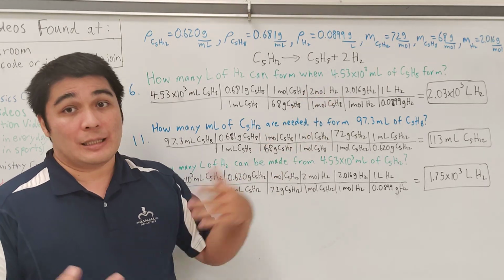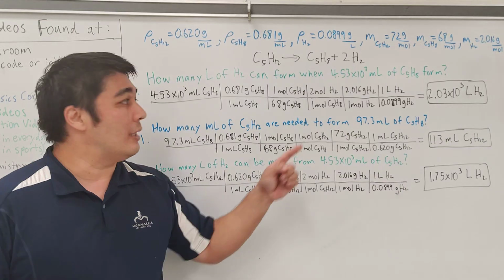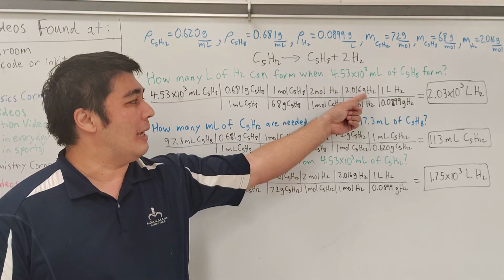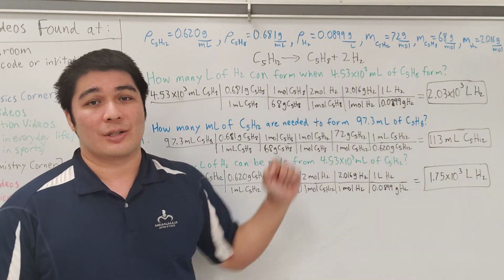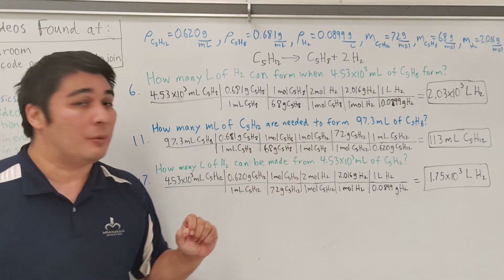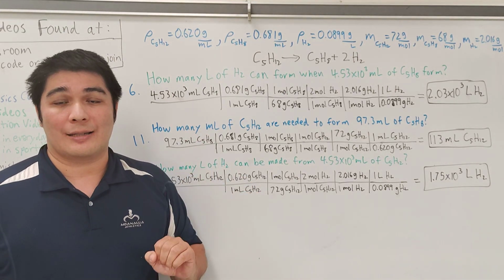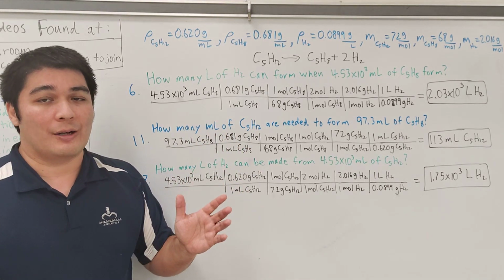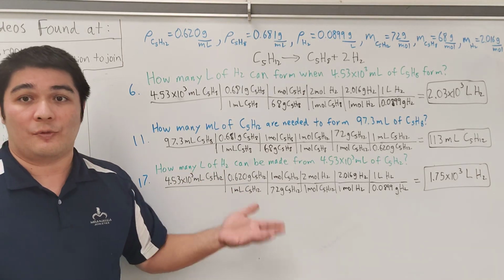Then we do the opposite operation, converting moles of hydrogen gas to grams of hydrogen gas. And finally, grams of hydrogen gas to liters of hydrogen gas, to get an answer of about 2.03 times 10 to the third liters of hydrogen gas. That was number 6, and that's probably going to be the longest part of this example because the rest is going to look fairly familiar.